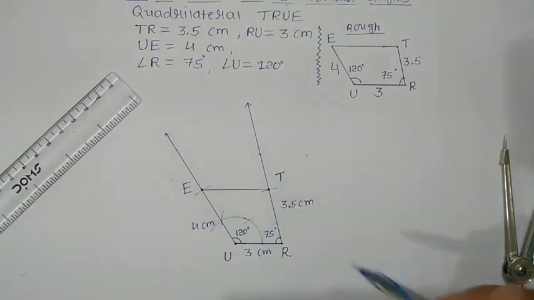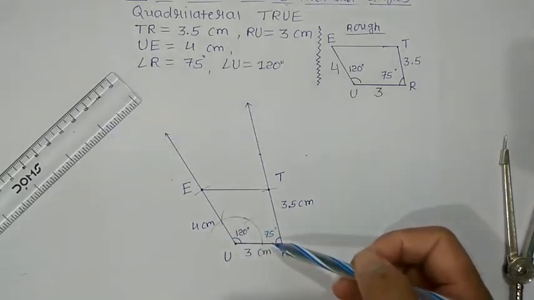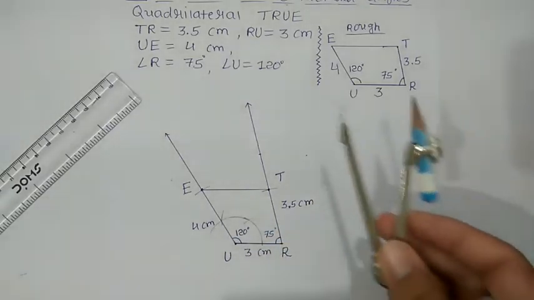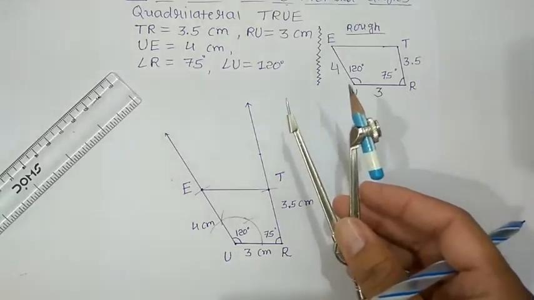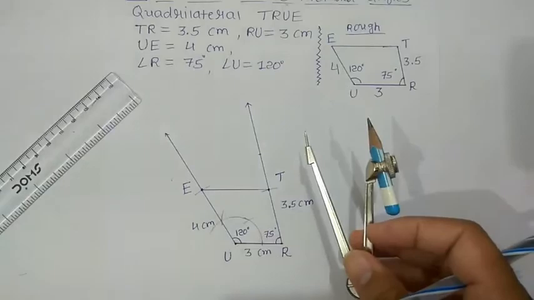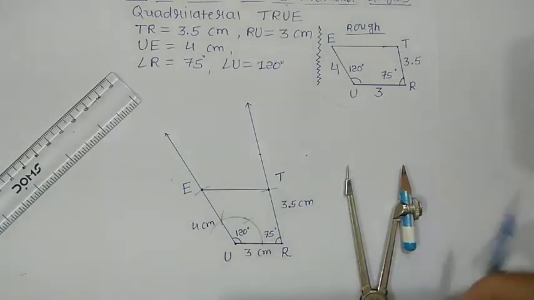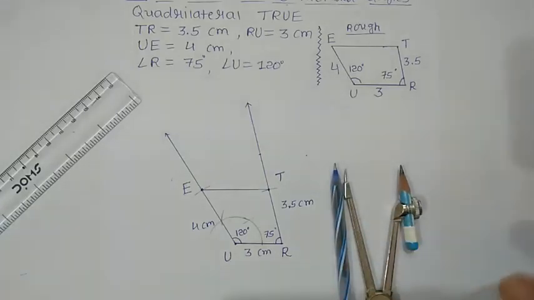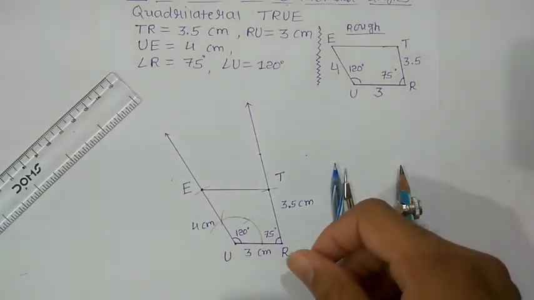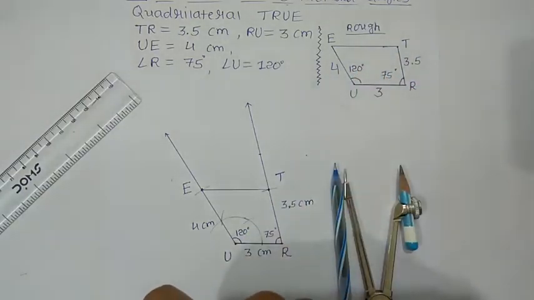So whenever we have to construct the angles, we can also use the compass, right? You have to study how we can draw this type of angle. Okay, so in this way we can draw the required quadrilateral whenever we have been given 3 sides and 2 included angles.